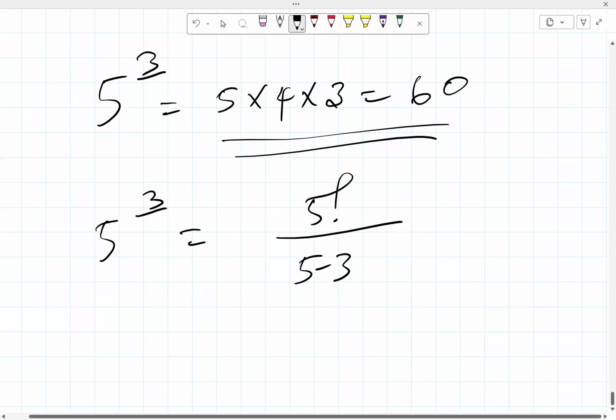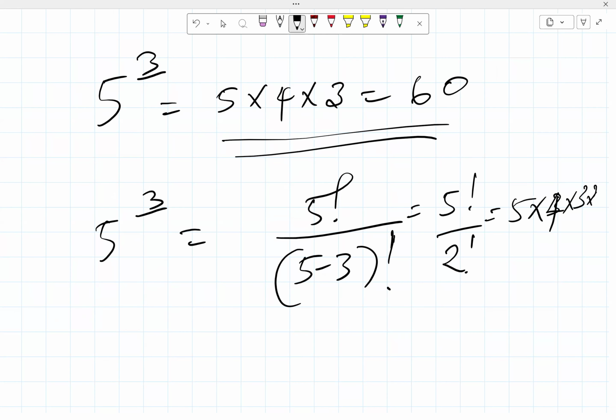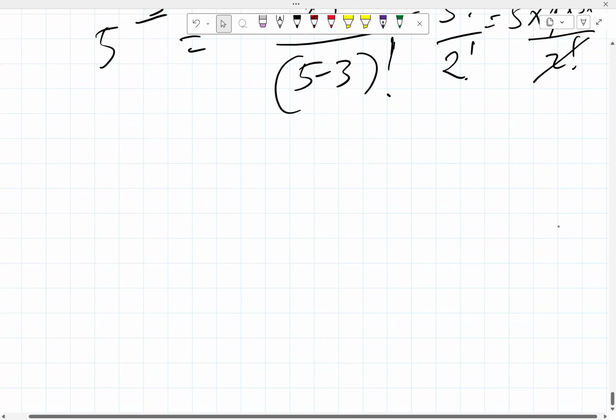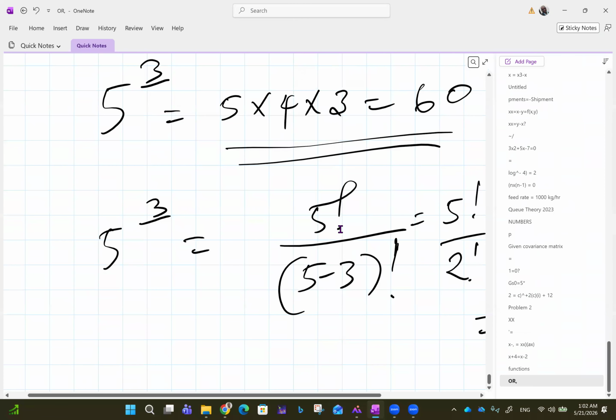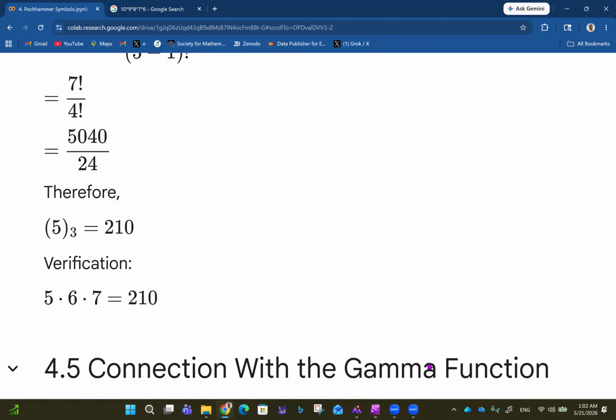That's 5 minus 3 factorial. So that's 5 factorial over 2 factorial. That's 5 times 4 times 3 times 2 factorial over 2 factorial. 2 factorial cancels out. So that's simply 60 also. So we are good to go like that. Okay. So done.